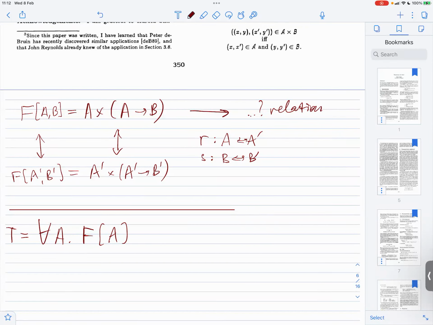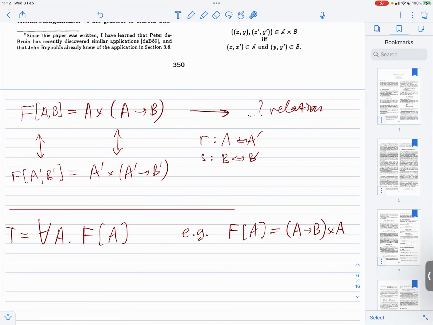Let's say, for example, f of A equals something like A going to B times A. Doesn't matter. B could be another type parameter, a fixed type, doesn't matter. So let's say we have some type expression like this. How do we translate that into a relation? And a relation between what types is it going to be?